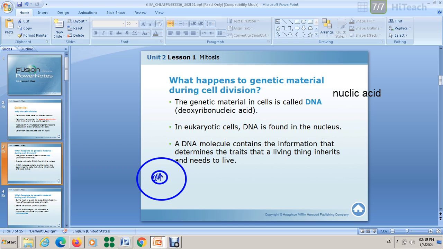Let's look at the DNA inside the nucleus. Actually, for most of the cell life, if you look at the genetic material in the nucleus, you will find that it looks like spaghetti. For example, let's say this is the cell, and inside the cell you have the nucleus.